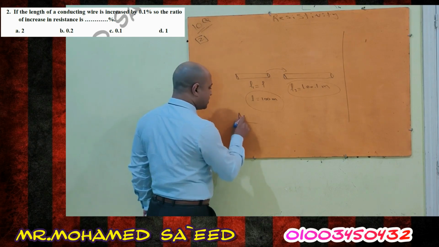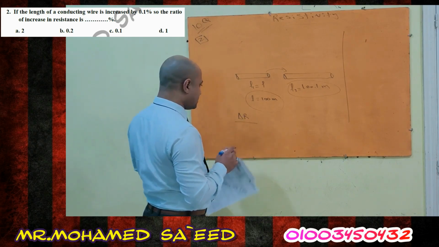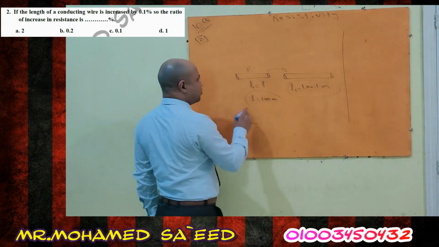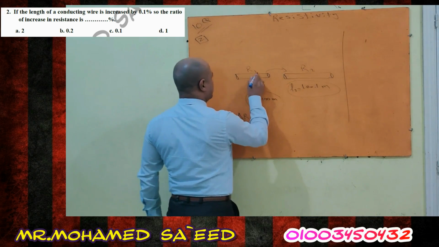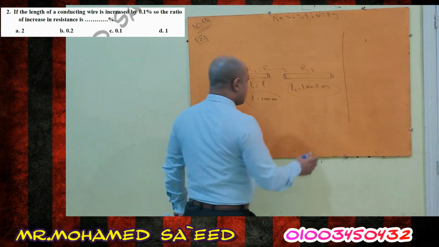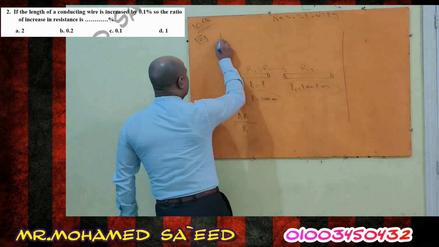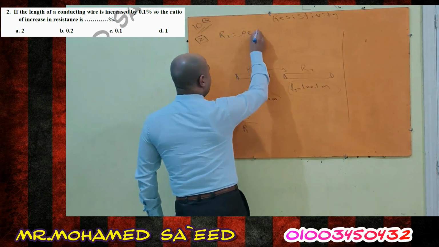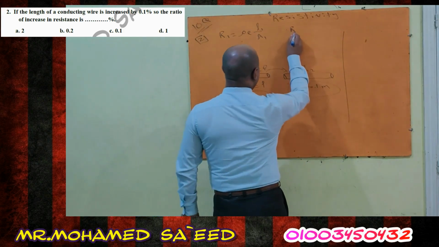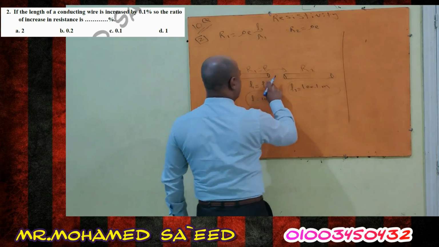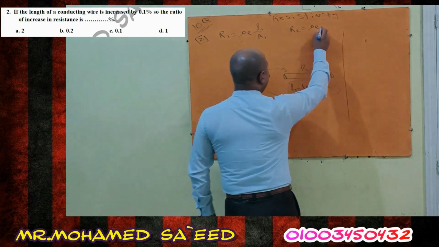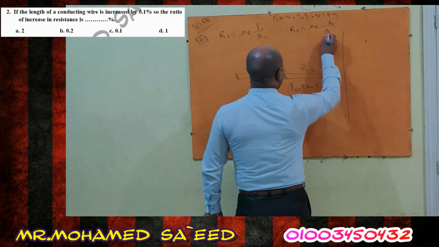So the ratio of increase in the resistance, which means the increase in the resistance over the original resistance. Suppose it is R1 and R2. R1 equals rho L1 over A1. R2 equals rho L2 over A2. It is made of the same substance, so rho is the same.